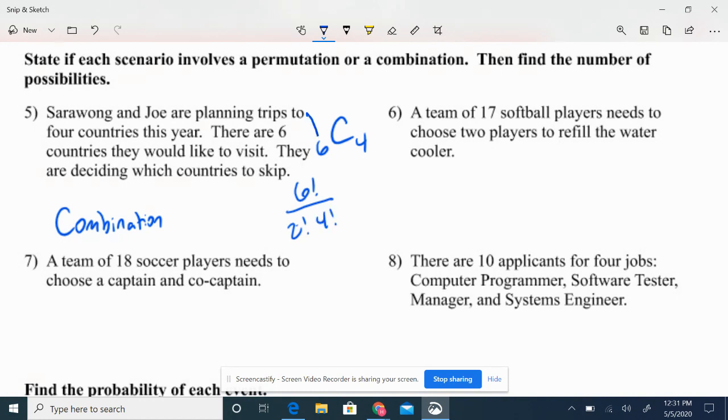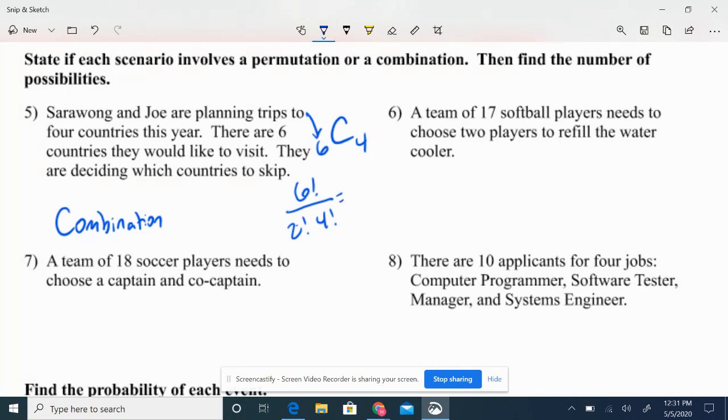Now you see where I got the 6 factorial from the top. My 2 at the bottom, I subtracted 6 minus 4, and this is obviously the 4. So I have 6 factorial over 2 factorial, 4 factorial.